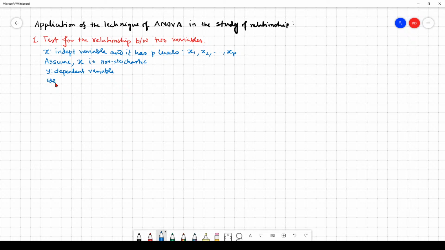That is, we have some observations on the dependent variable y as follows.